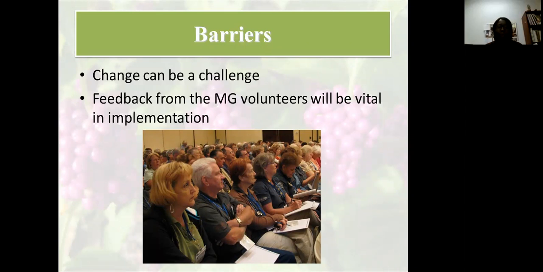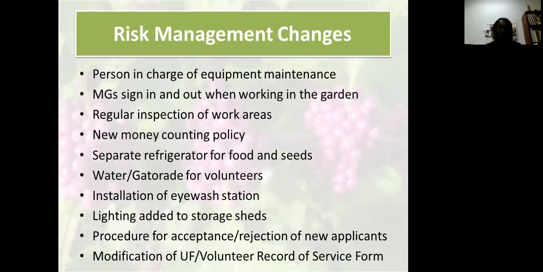Getting feedback from the master gardeners, which I did at the beginning, is important, so they get some buy-in in the process, and that helped with the implementation of the project because they were involved in the beginning.